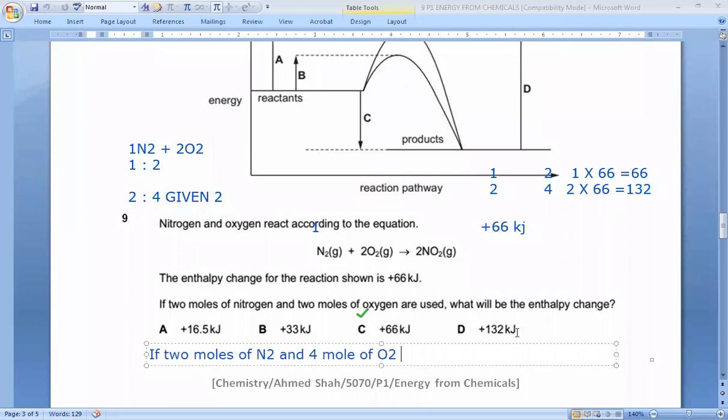Then the correct answer should be D. How? Multiply by 66, then it becomes 132.